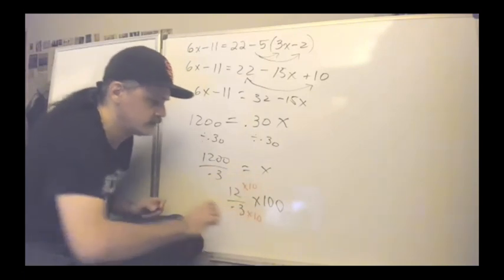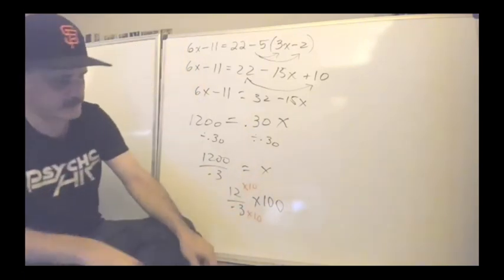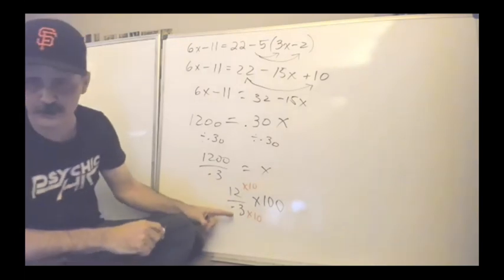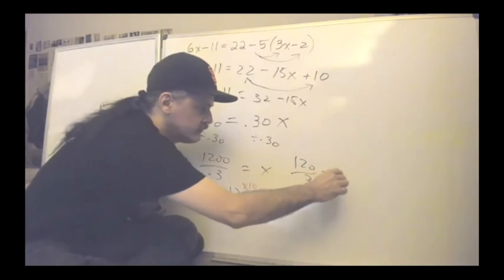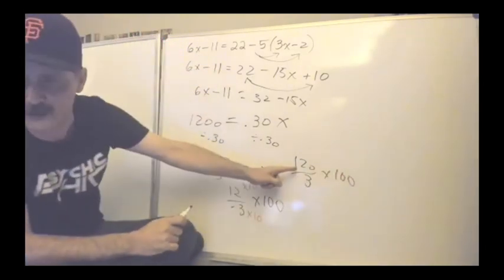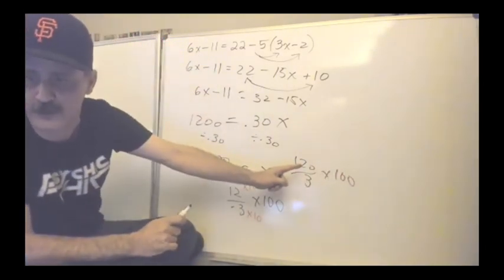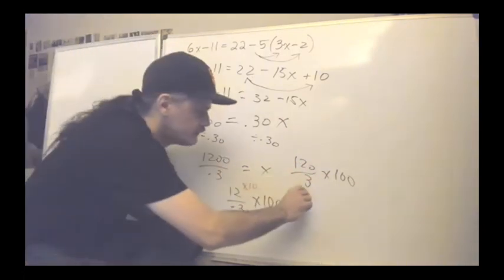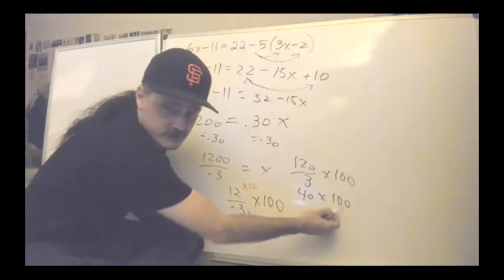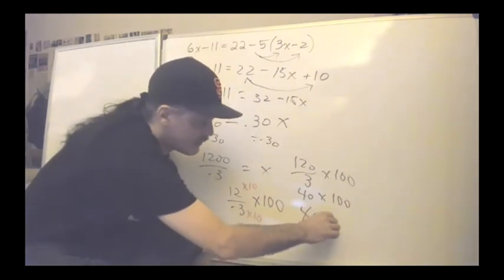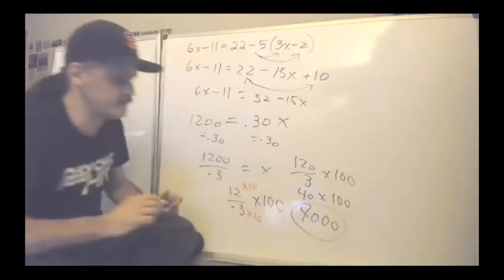Now I do this all in my head, by the way. All right? So this becomes 120 over 3, and then you times 100. Okay, well that's easier to do now. That's 40. 40 times 100. Well, 40, and then add 2 more zeros. So that's the mental math.